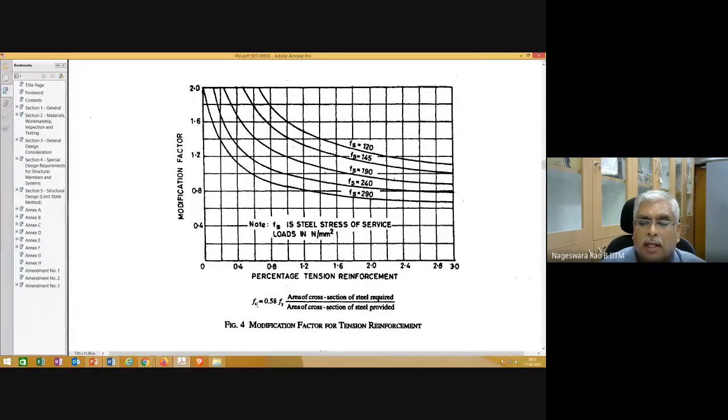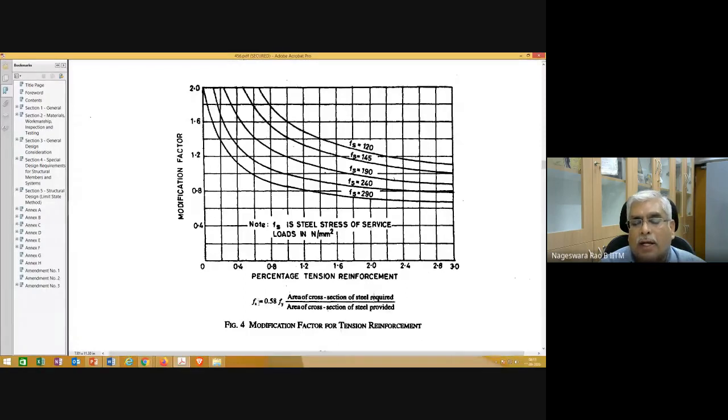Quickly. Yesterday I told you, if the area of steel required is given and also the area of steel provided is given, then you can find this ratio. Here area of steel is mentioned, so we can take this as 1, in the sense area of steel provided is the same as area of steel required.